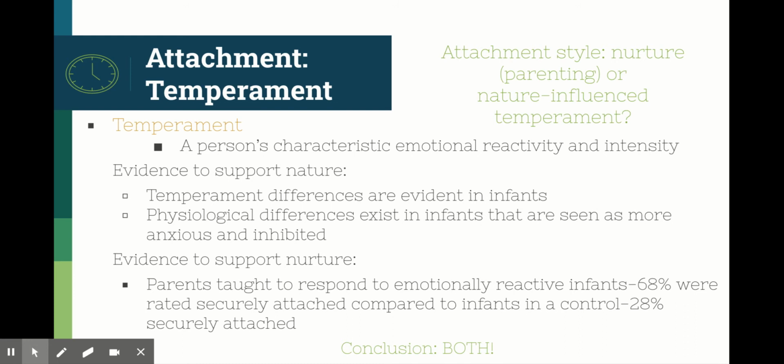Compared to infants in a control group, only 28% were seen as being securely attached. Remember, secure attachment was the goal, which leads to, according to researchers, healthier, happier children and adults.